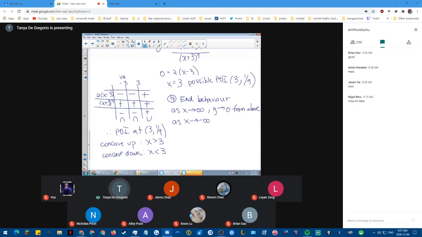And as x approaches negative infinity, from below, right? As x approaches negative infinity, y is still approaching 0, but from below.